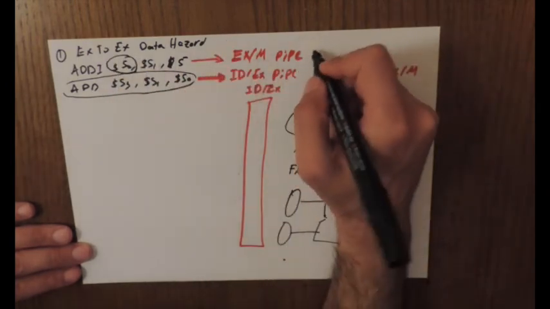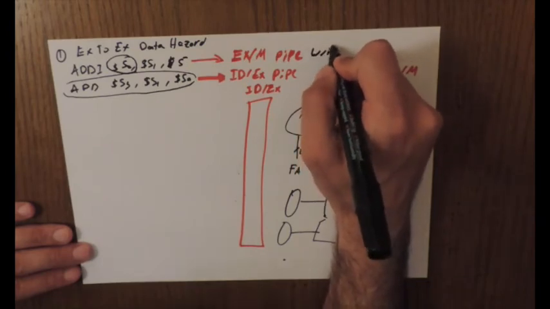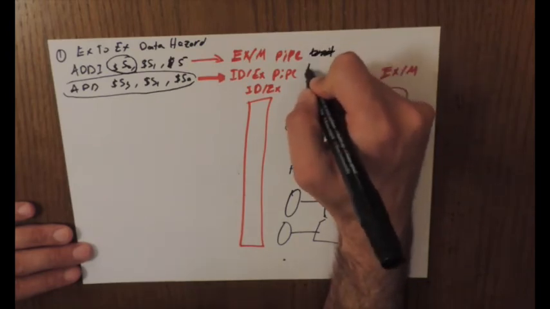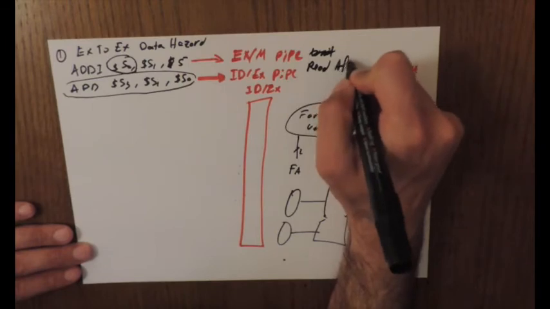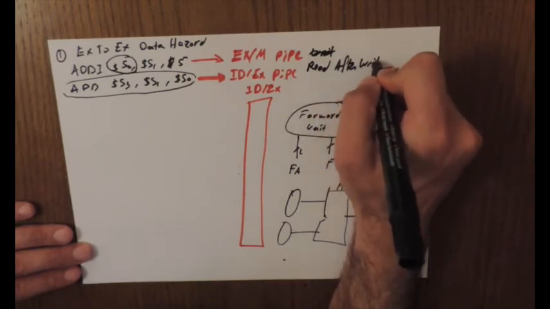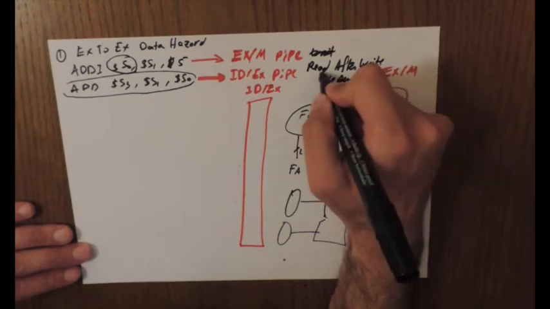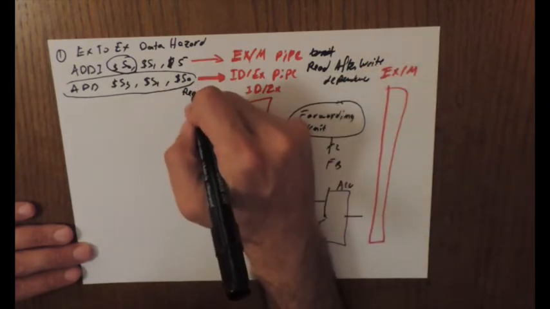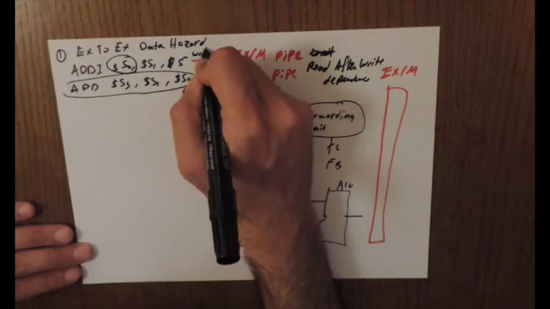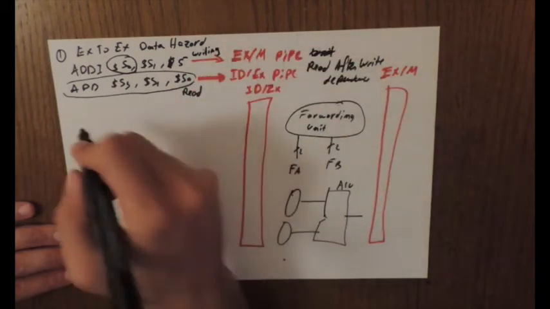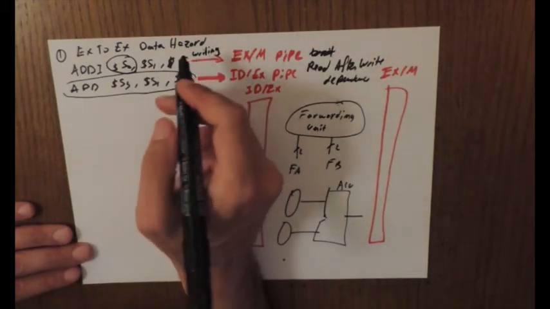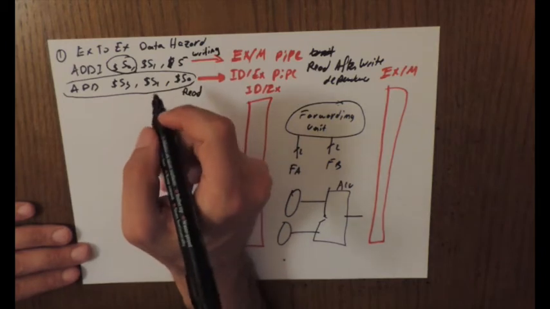Remember, we said this is a read after write dependency. So we need a read, which is this one reading, and this one is writing. To know that this is writing, I have a control line that allows me to do this.